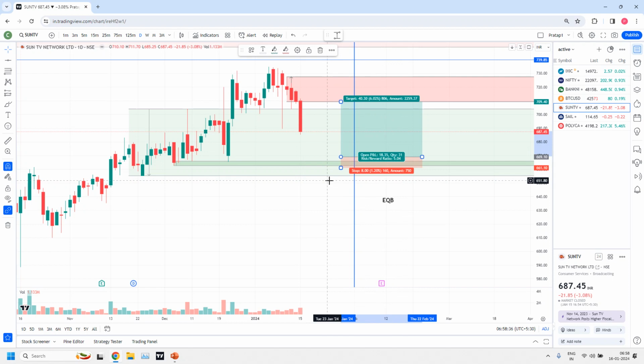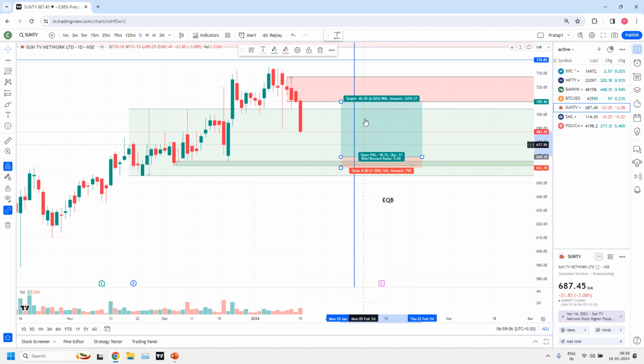The primary usage of this tool is that from your zone, proximal line to distal line, you can identify what the risk is and what the reward is. See here, now the stop loss is 8 rupees. In percentage, it is 1.2%. Similarly, your target is going to be 40 rupees.